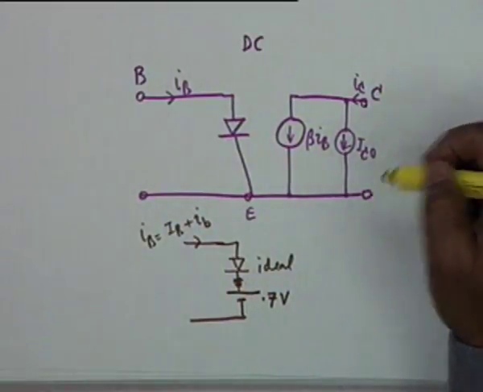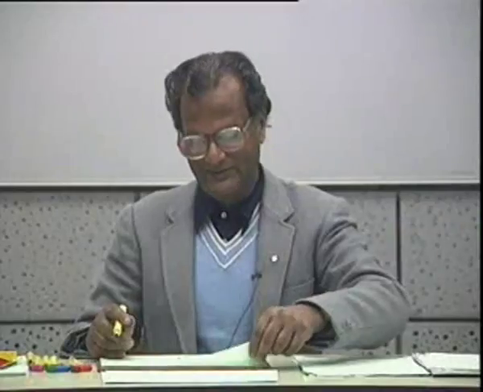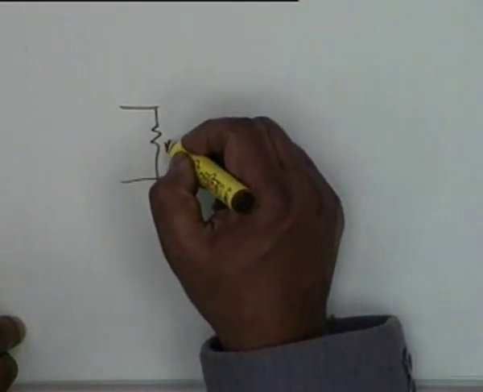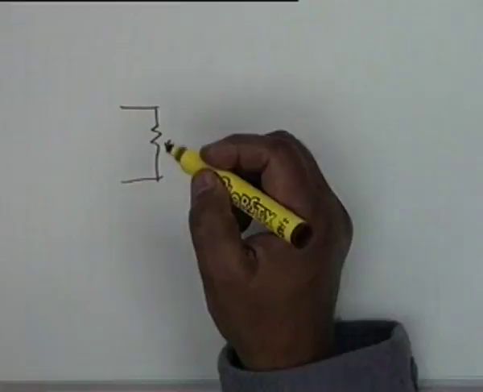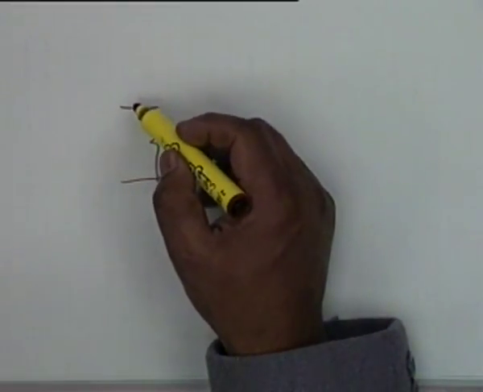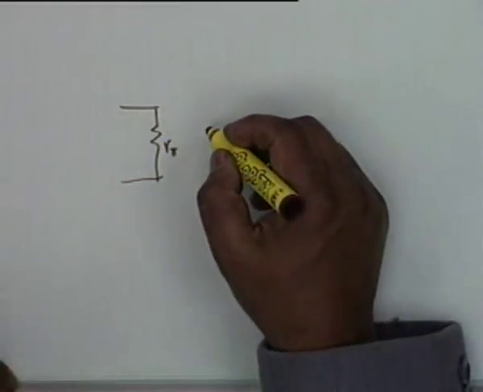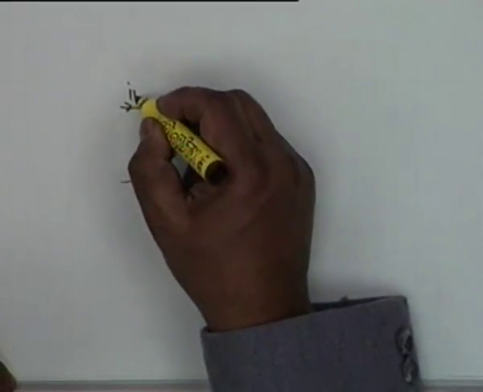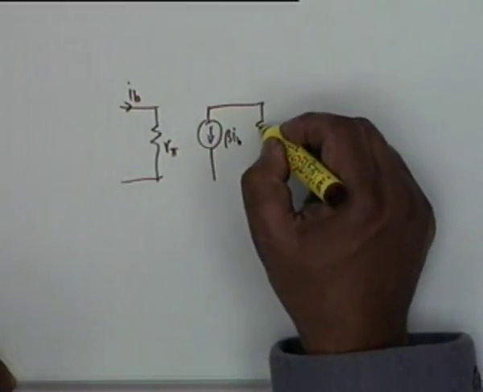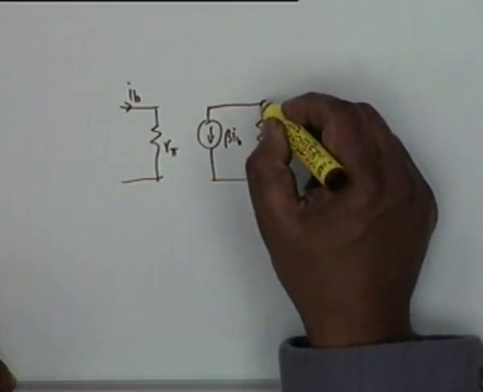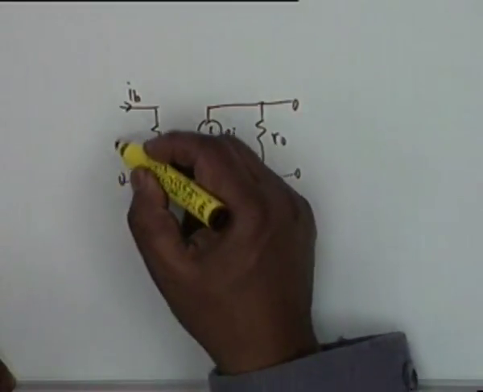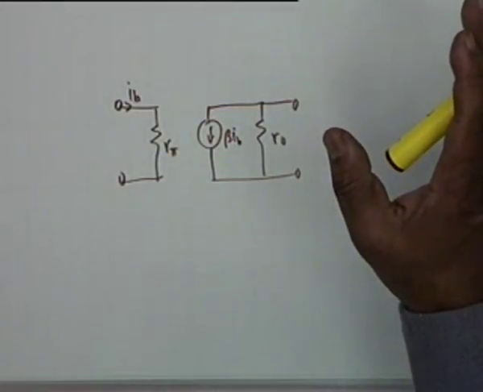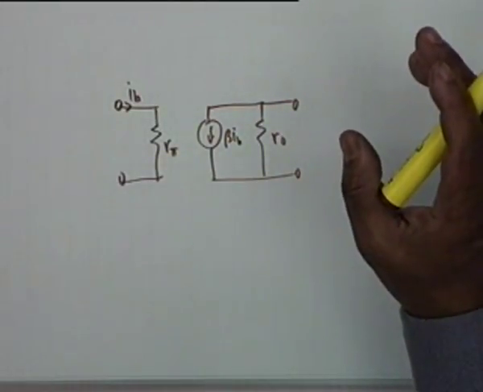So the AC model would be R pi, if I ignore Rx, or if you don't want to ignore Rx, then you put Rx in series, and you have beta IB in parallel with R0. This is the AC model, provided the transistor is at the appropriate operating point.